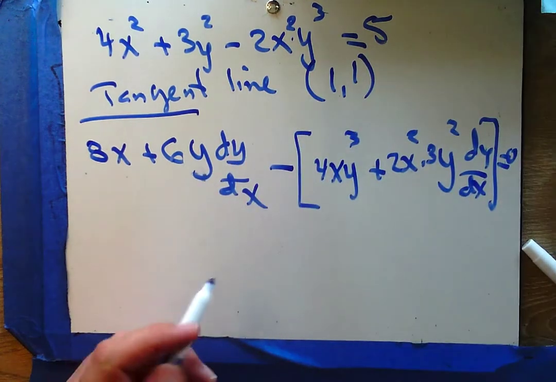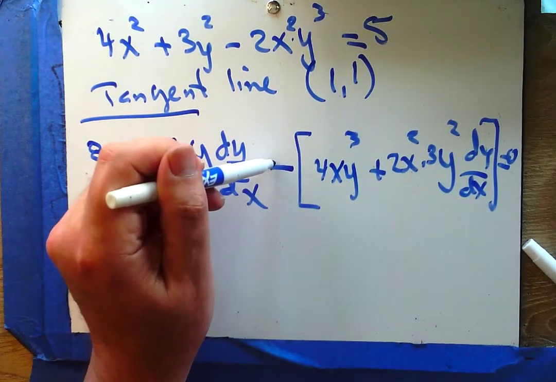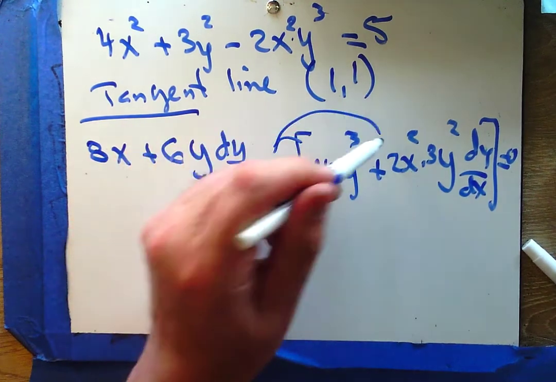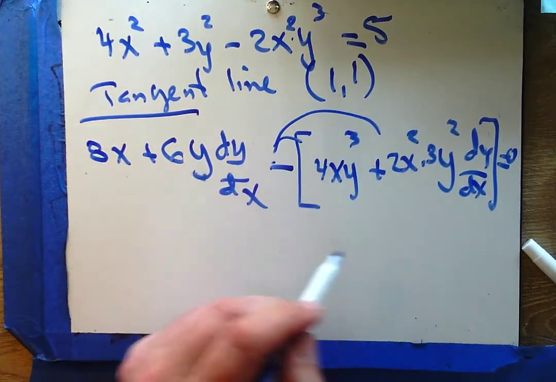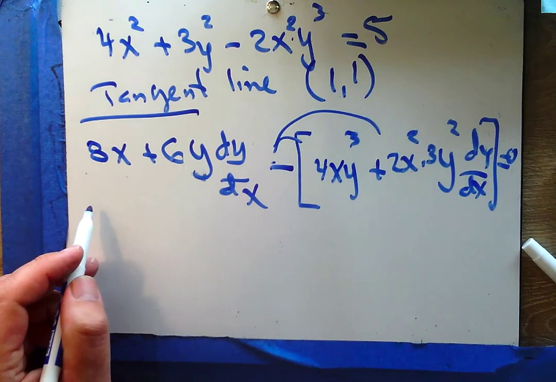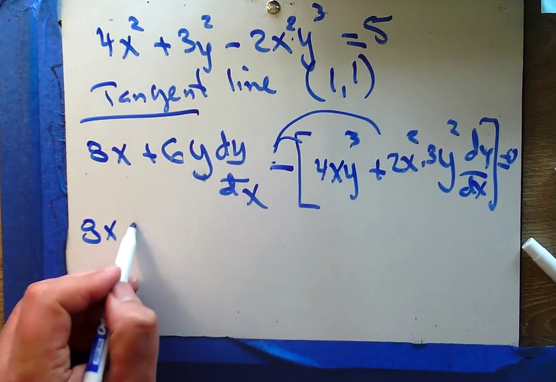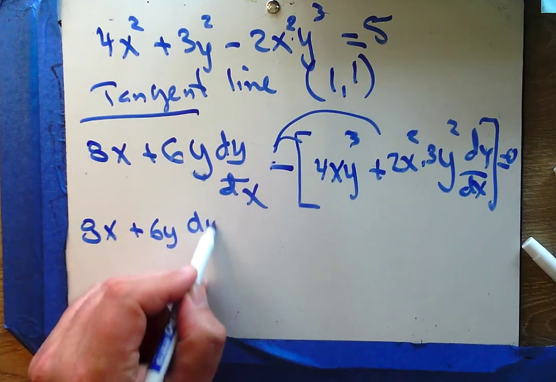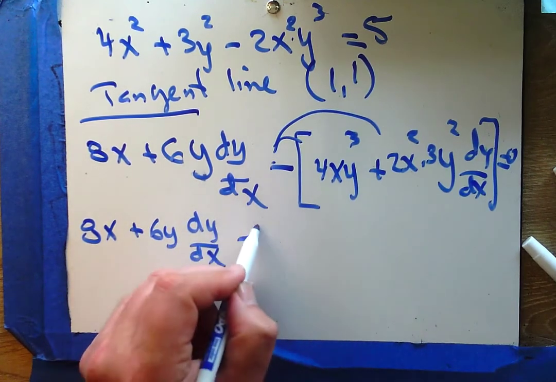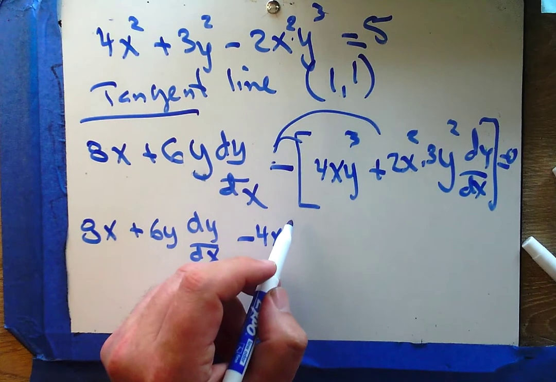Derivative of 5 is 0. Yeah, no, really. I didn't want to lose this sign, so I pulled it out, and we'll process that information now. So I'm at 8x plus 6y dy dx minus 4x.